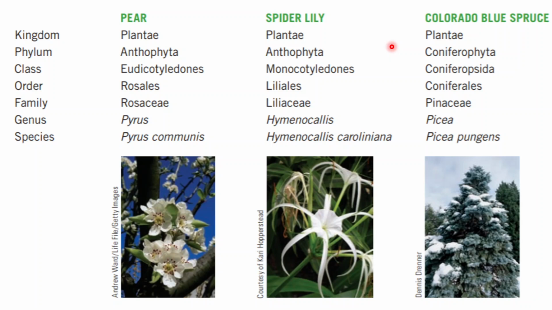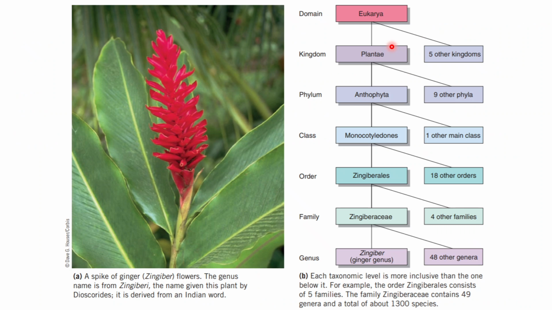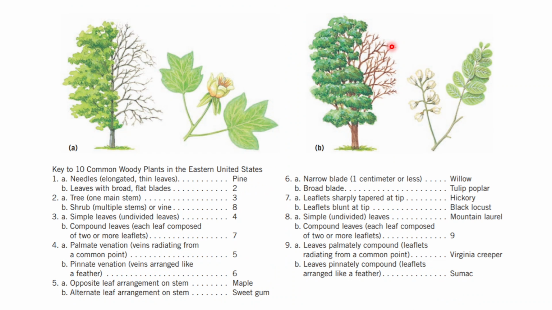By working through the statements in the key, the investigator eventually identifies and classifies the unknown organism. To understand how such a key works, let's try to identify the plant in this picture.